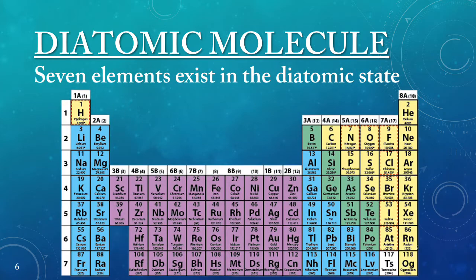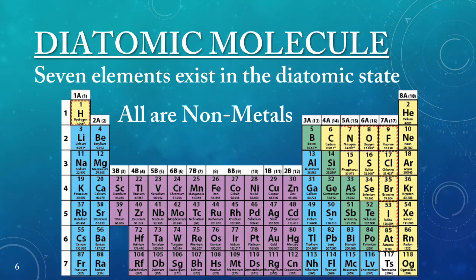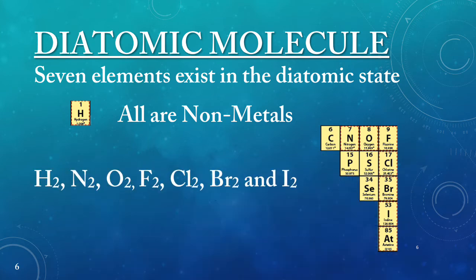Now we're going to look at the periodic table once again, and we'll see that there are 7 elements that exist in the diatomic state. And it's kind of interesting, they happen to all be nonmetals. So here's our nonmetals again, and they are hydrogen, over there, and then I make kind of a 7 on the other side.